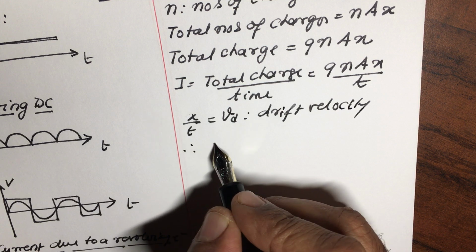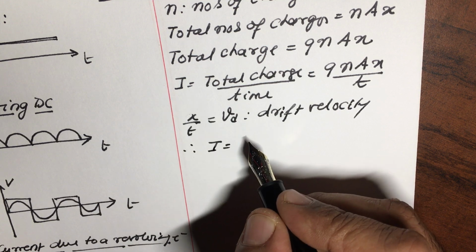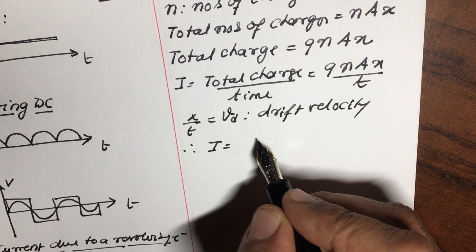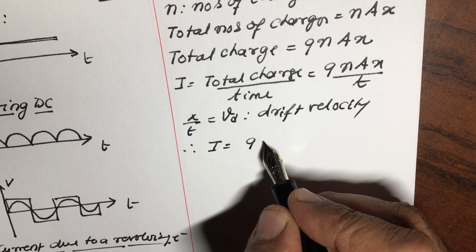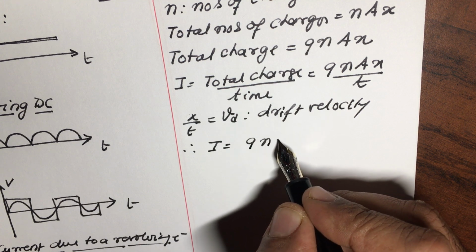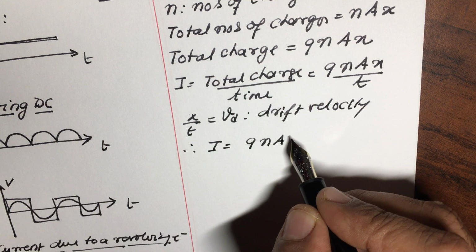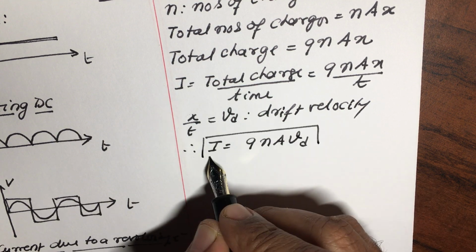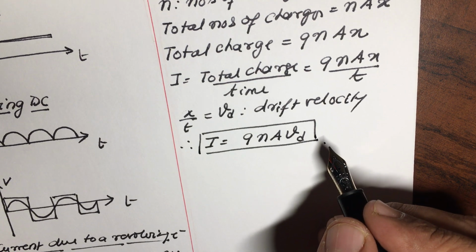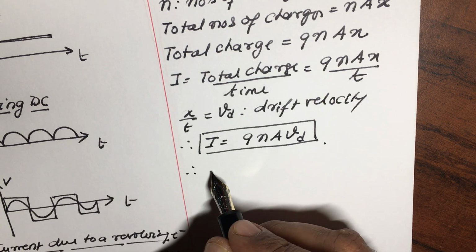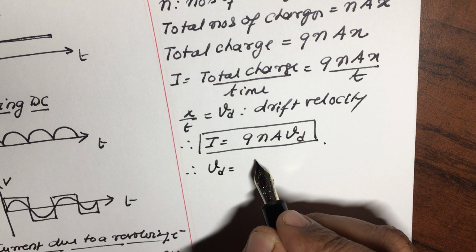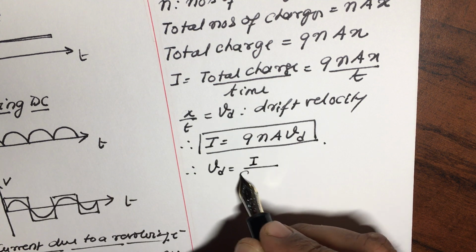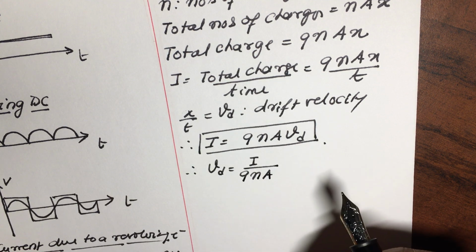So therefore you can write current I as q n A Vd. All right, now from here, can you write Vd as I by q n A?